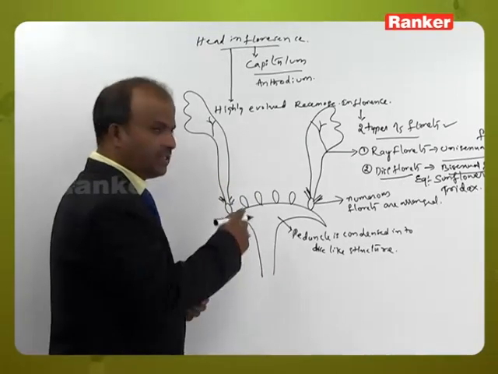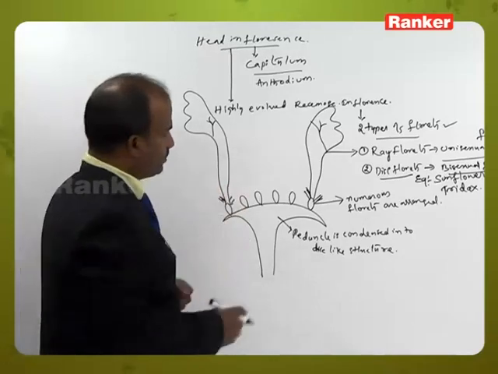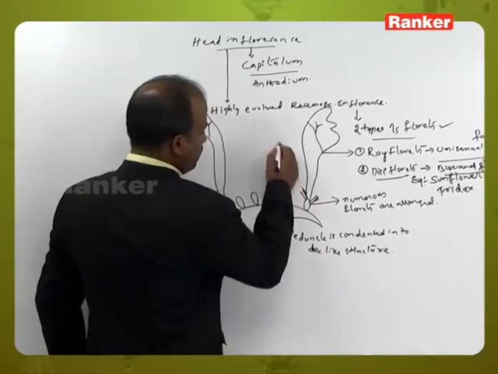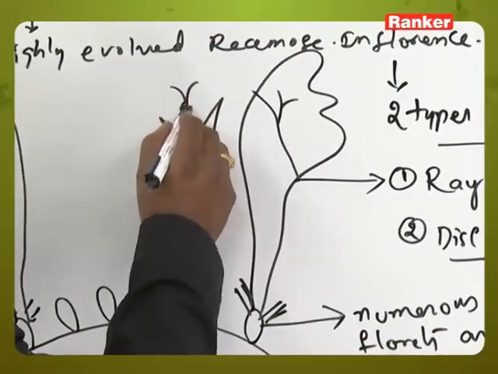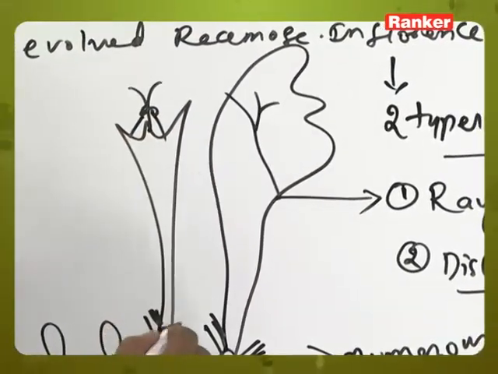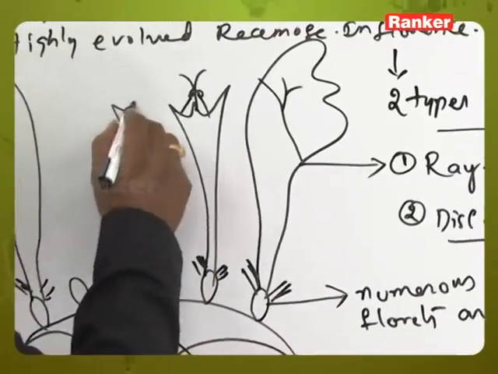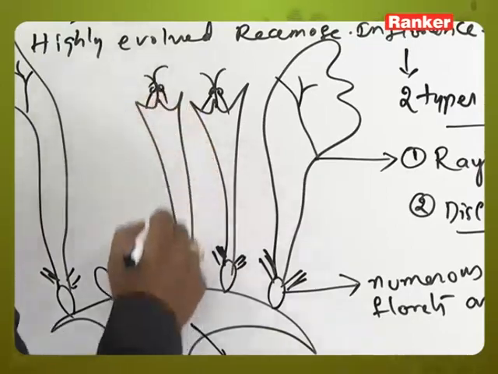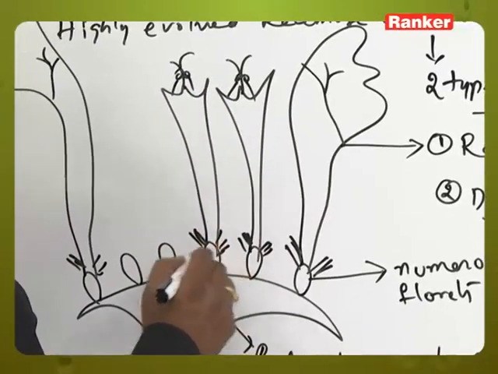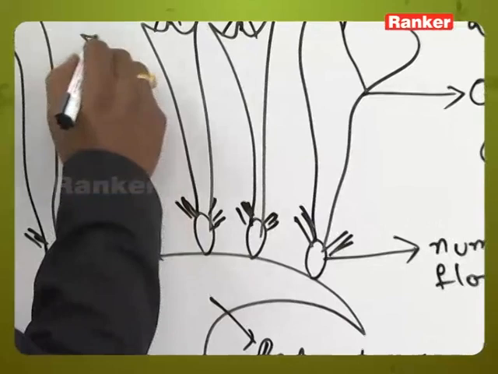That means they are present in the center of the flower. So here these are the disc florets, which are arranged in a central manner.